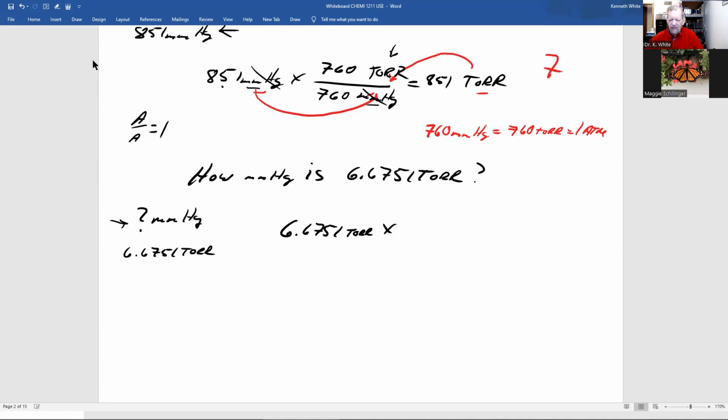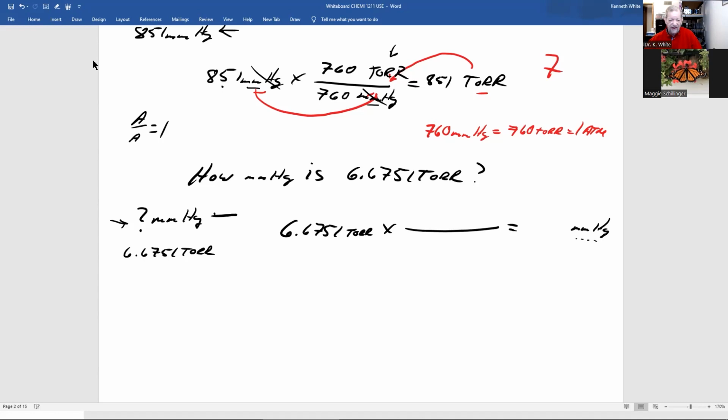And if there were some ratio, I could convert torr to what answer do we want here, unit-wise. Your turn. And that's millimeters of mercury, mmHg.